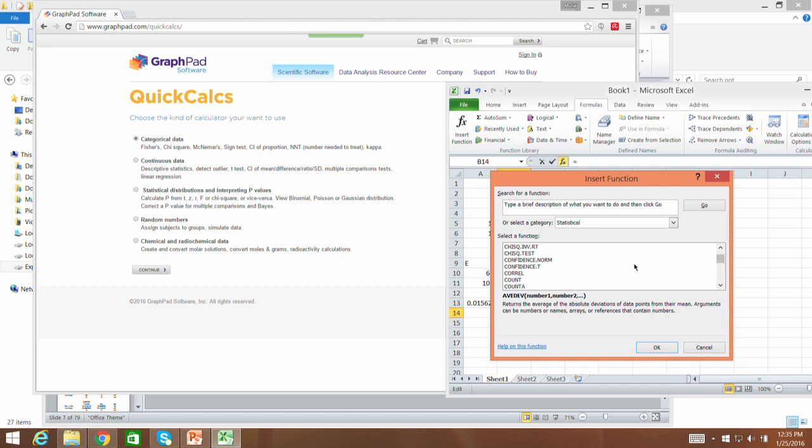So we have the chi-square test, CHI, and it gives you the range.